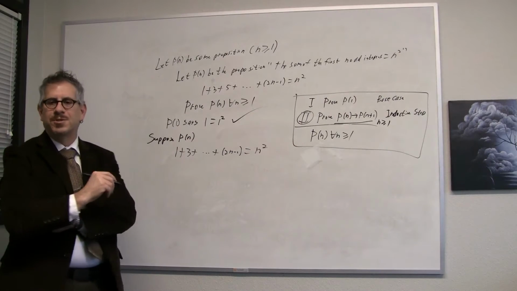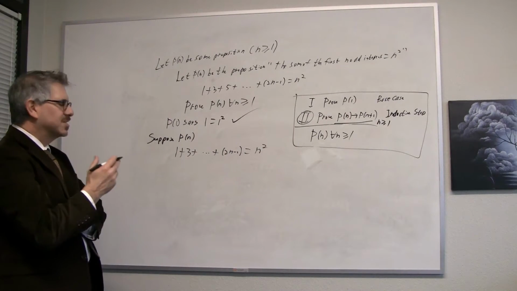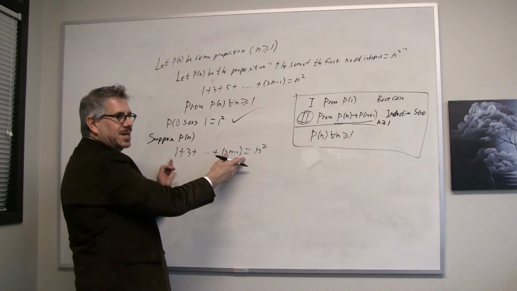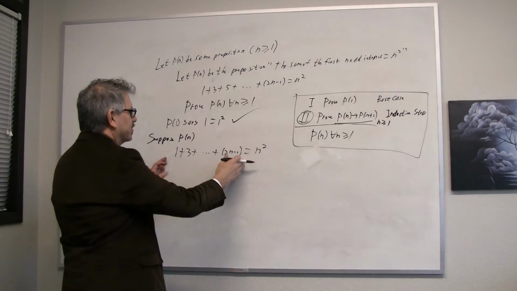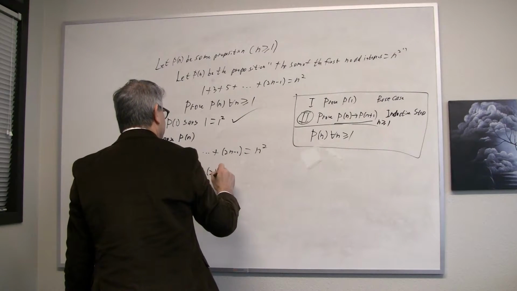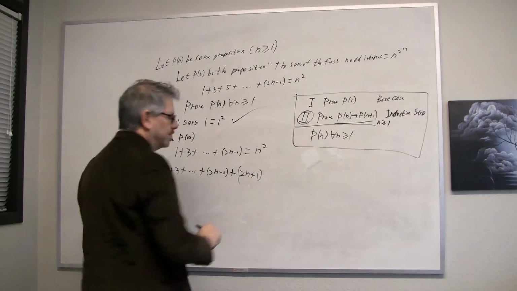We want to prove P of n plus 1 is true, so we want to prove something about the sum of the first n plus 1 odd integers. Well, here I've got the sum of the first n odd integers. Let me just add one more integer to both sides of this. So 1 plus 3 plus 2n minus 1 plus, let's add the next odd integer, 2n plus 1.